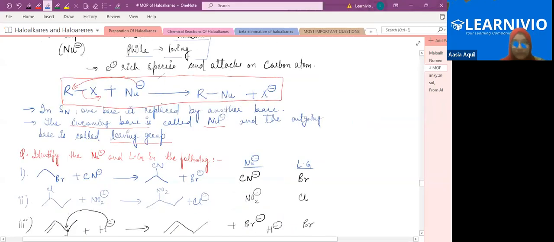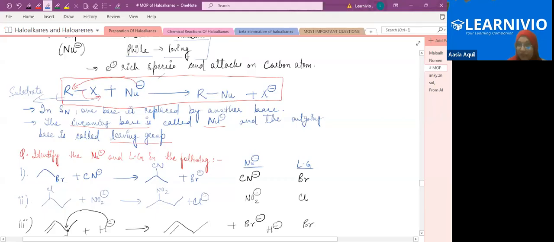See this, the general reaction. Suppose this is your RX. This is your substrate basically. RX is your alkyl halide. So basically it is a substrate. When you treat the substrate with a nucleophile, what will happen?